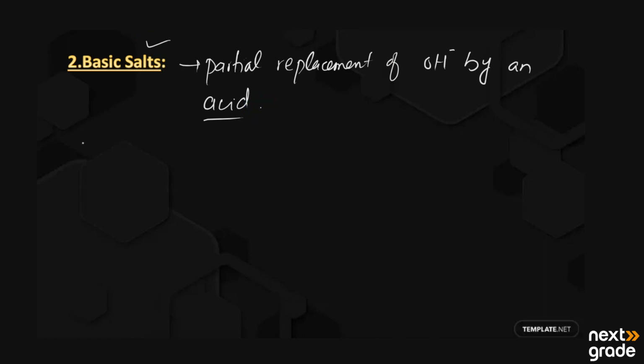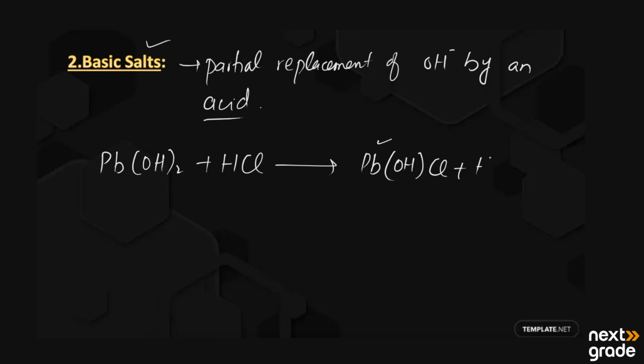Let's take an example: lead hydroxide, Pb(OH)2, reacts with the acid HCl, and the product we gain is Pb(OH)Cl and H2O. Here lead hydroxide has two hydroxide ions, and just the chloride ion has replaced one hydroxide ion and one is still there. So this salt we call the basic salt.